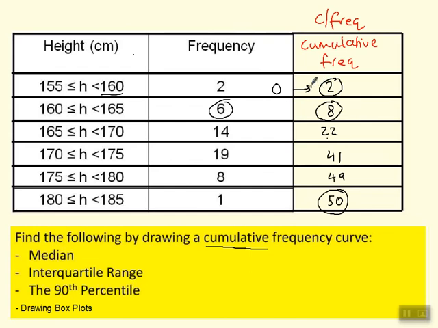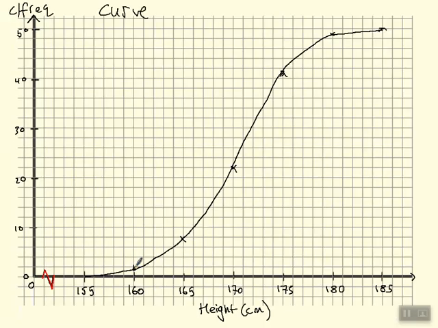You started off with 2 people, and then suddenly you've got 6 more. So you end up at 8 because the last interval had 2 people in it, and then you're going up by 6 more. So now you're ending up at 8.